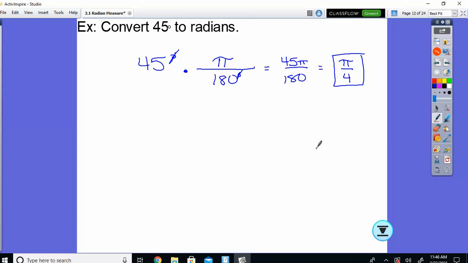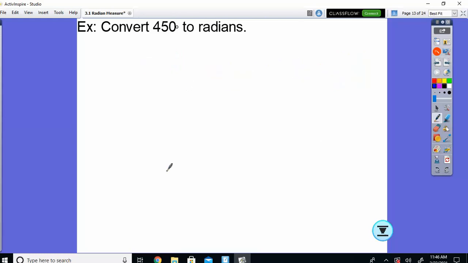That one okay? Next one. Change 450 degrees to radians. Okay. So 450 degrees, I want to cancel the degrees, so those go on the bottom.